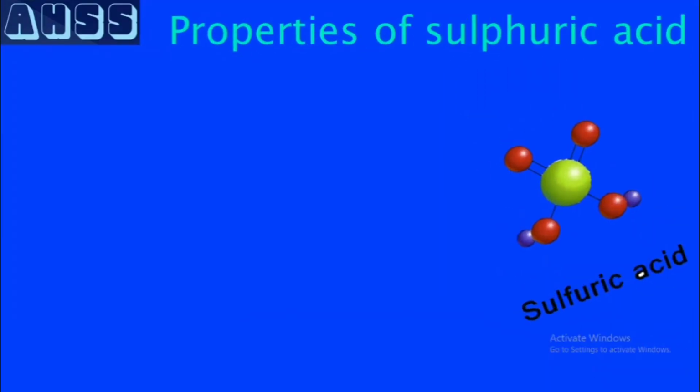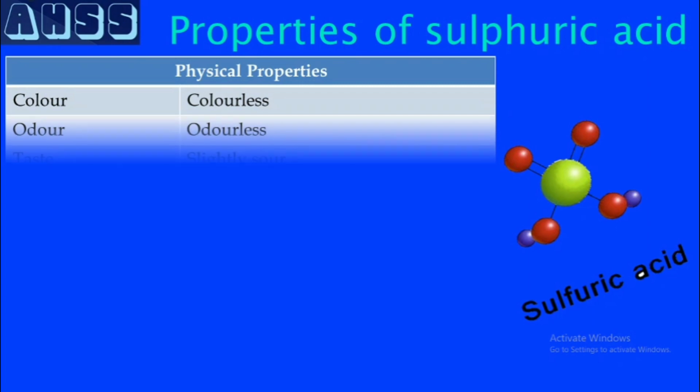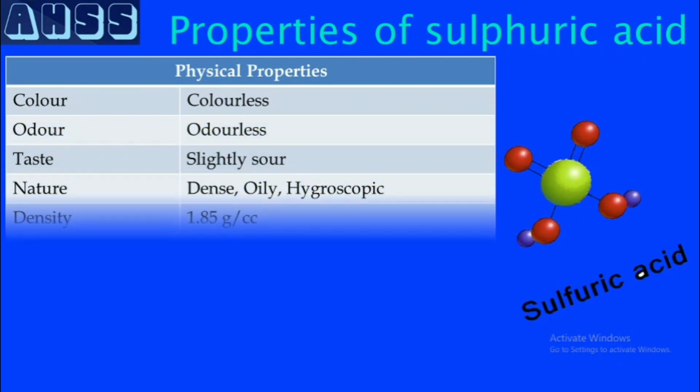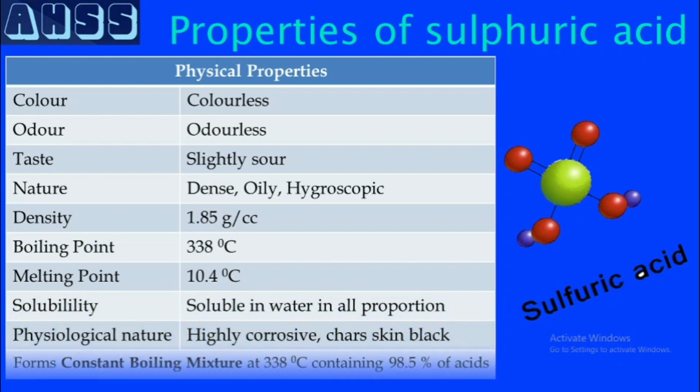Now let us discuss the physical properties of sulfuric acid. Sulfuric acid is a colorless, odorless, slightly sour in taste. It is a dense, oily and hygroscopic liquid.